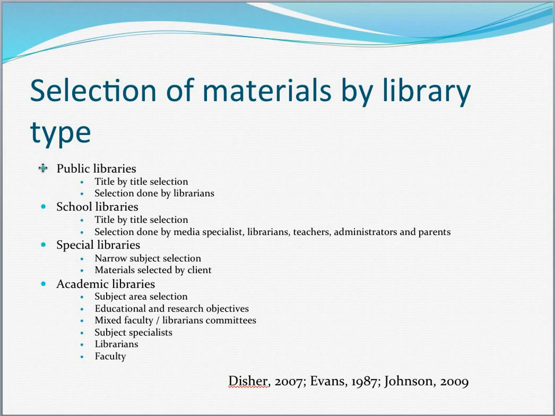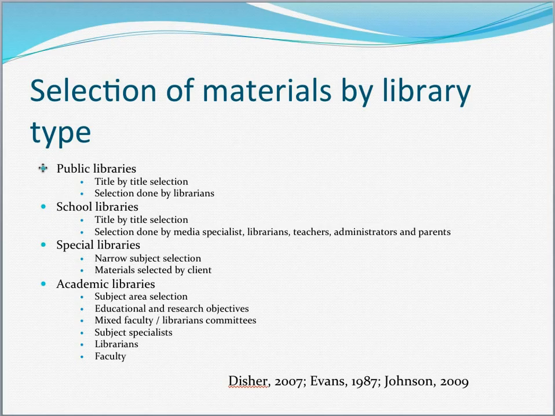So they get materials in the discipline or specialty of the institution where the library is located, being a law library, a health library, a botanical garden library, etc. There are many examples of specialized libraries, and you have to get the material in accordance to the specialty of the institution where the library belongs to.